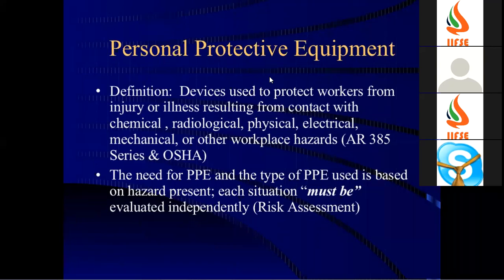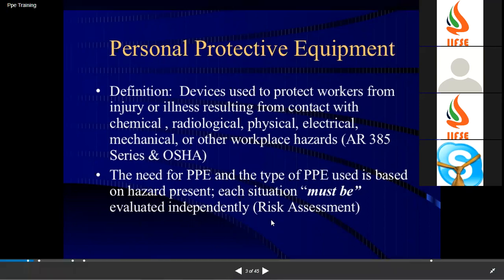From that he has to be protected. So we use PPE, personal protective equipment, and priority is given to it at the last. After engineering controls, isolation, substitution, and reduction, the PPE should be used.